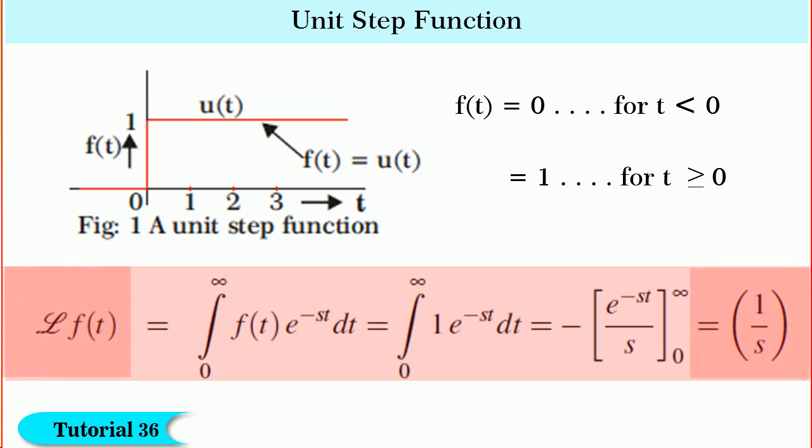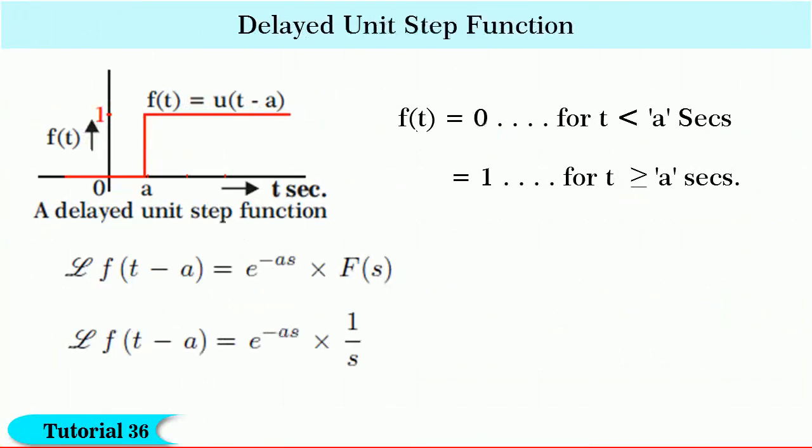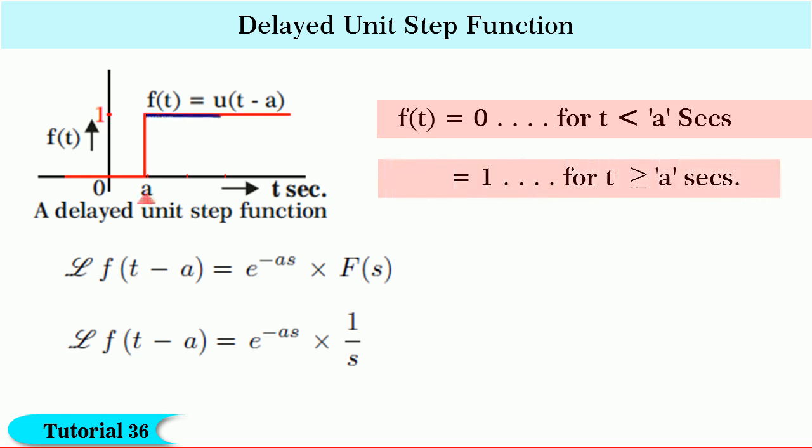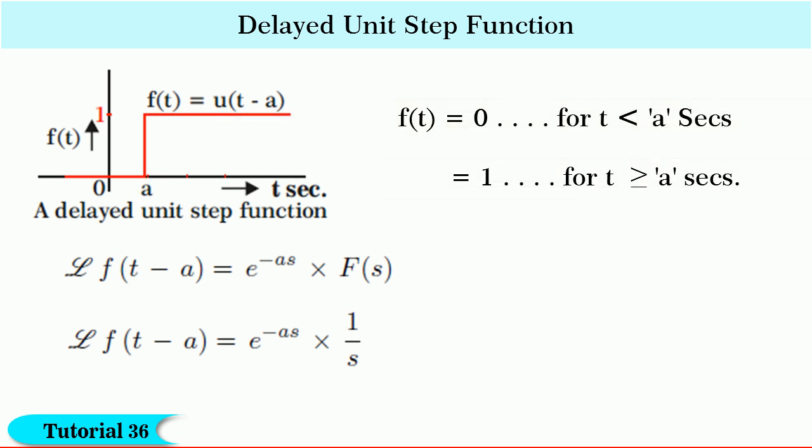1 upon s. Next, consider a delayed unit step function delayed by a seconds as shown in figure. Its mathematical model is f of t is equal to 0 for t less than a seconds and is equal to 1 for t greater than or equal to a seconds. The function occurs at t is equal to a seconds and is represented as u of t minus a, that you know.